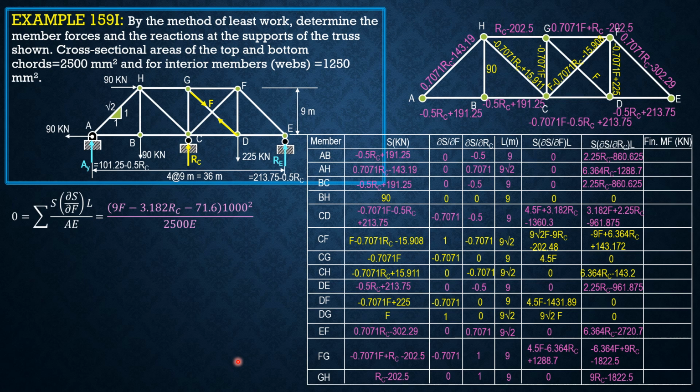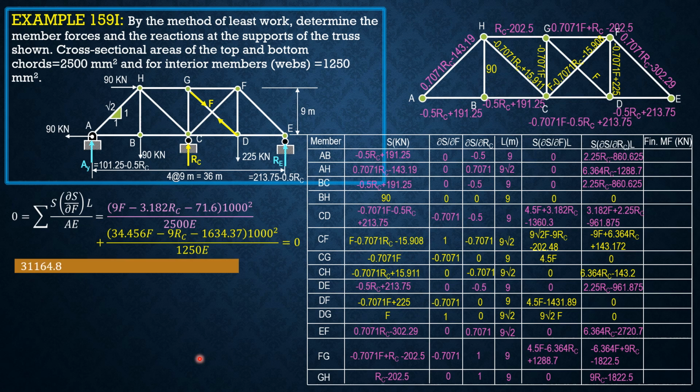We have negative 8472.8F plus 26073.6 RC plus 4519782.4, equation 2. Solving these two equations simultaneously, we get F, which is SDG, equals 98.723 kilonewtons, and RC is 205.428 kilonewtons.